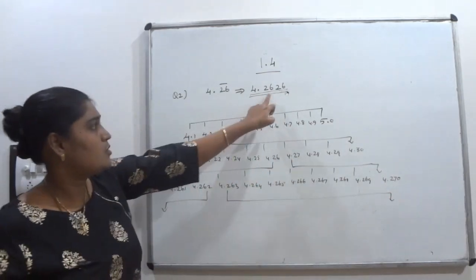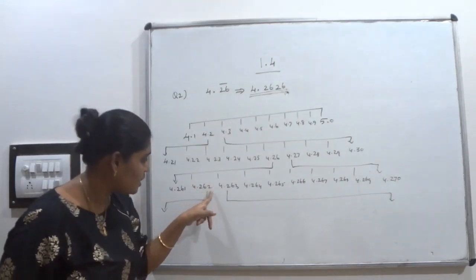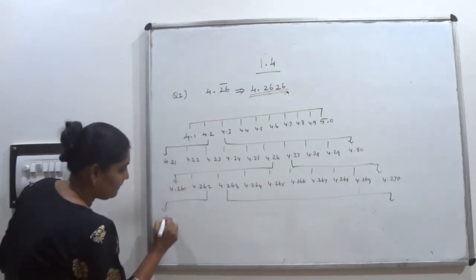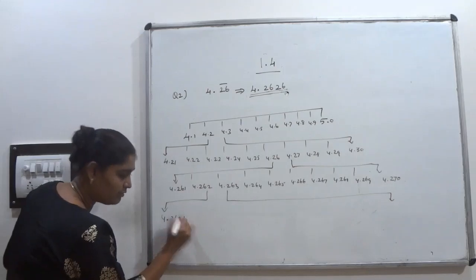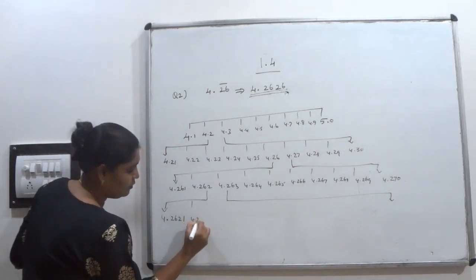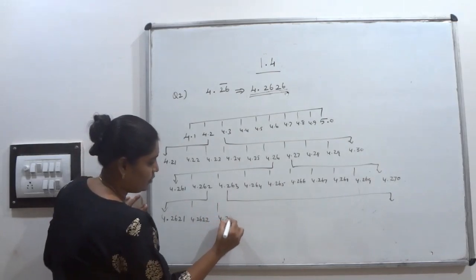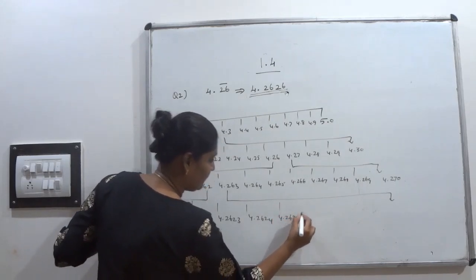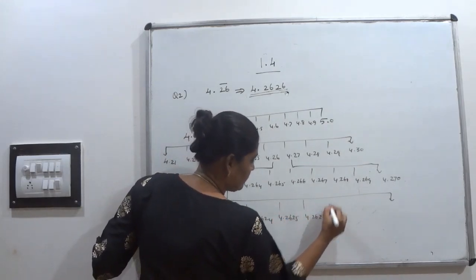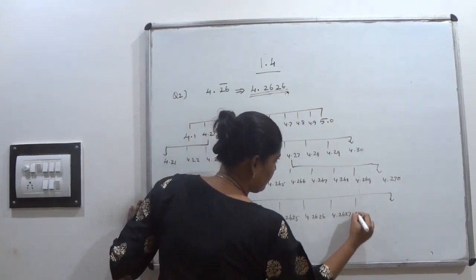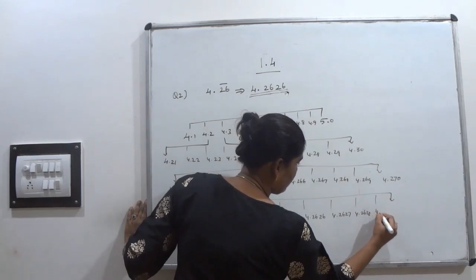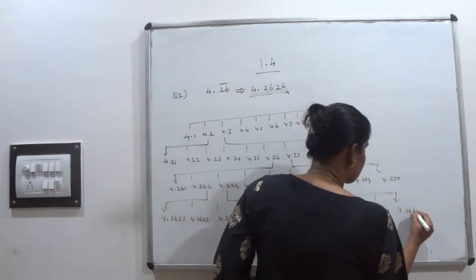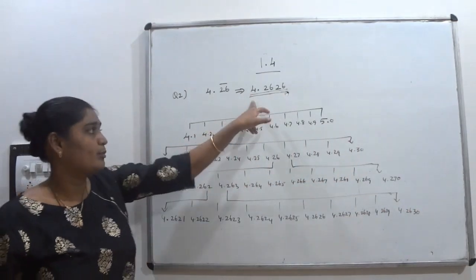Yes, so we have to take these two numbers. 4.262 and after that 1: 4.2621, 4.2622, 4.2623, 4.2624, 4.2625, up to 4.2629 and 4.2630.